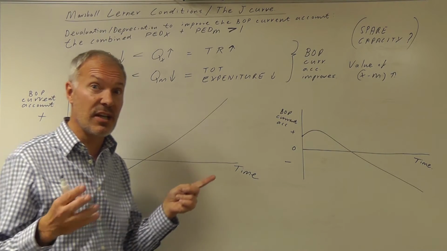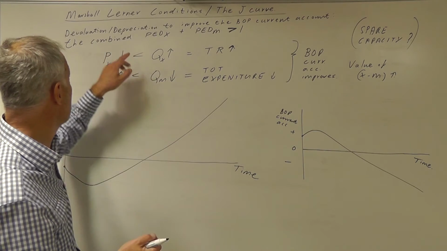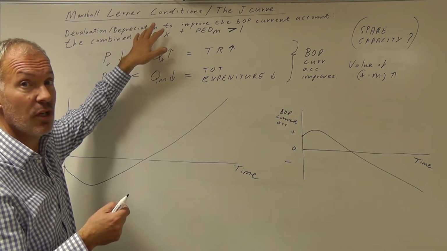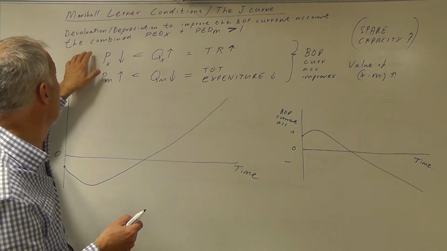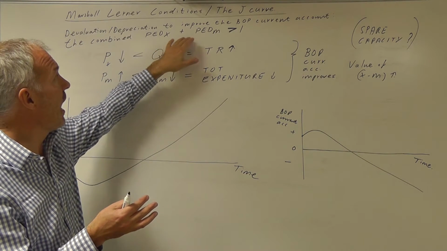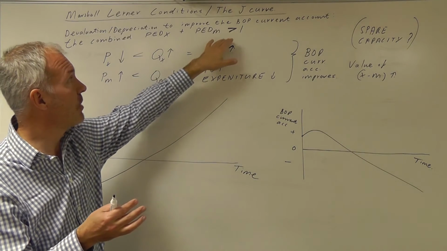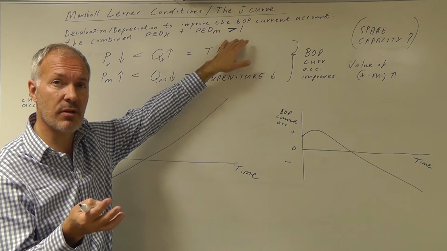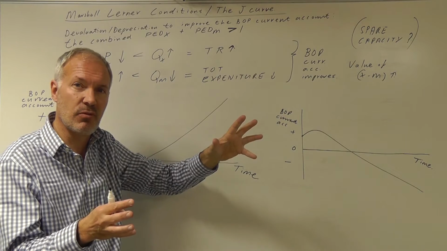So for the improvement to take place, you need to follow Marshall-Lerner conditions, which are that the combined price elasticity of demand for exports and imports must be greater than 1, must be elastic, in other words.